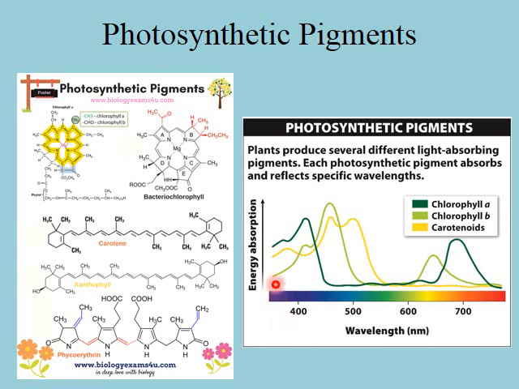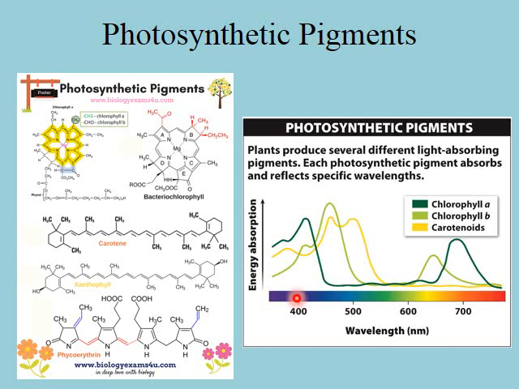And so when we look at this graph, on the bottom we have Roy G. Biv, the red, orange, yellow, green, blue, violet. These are the wavelengths that are coming off of sunlight.